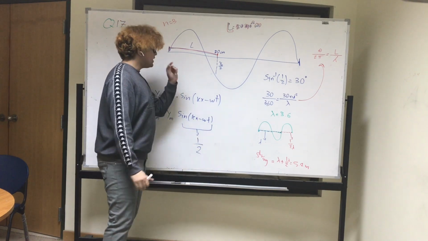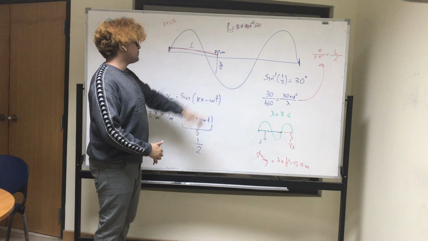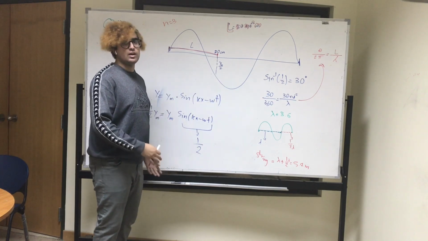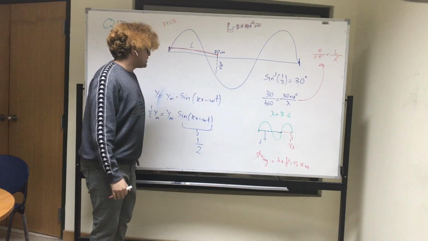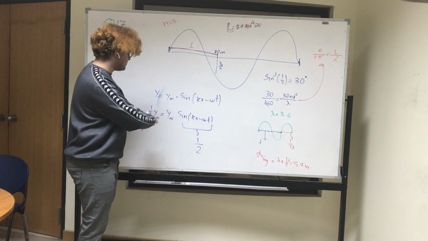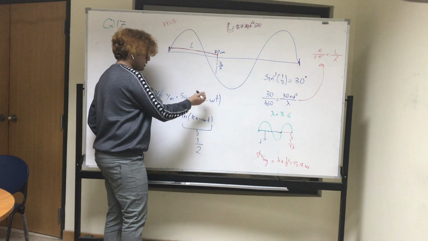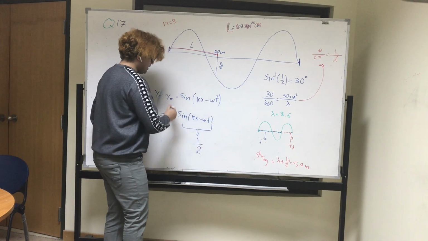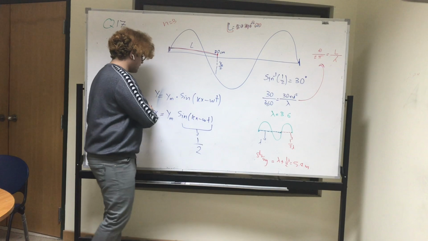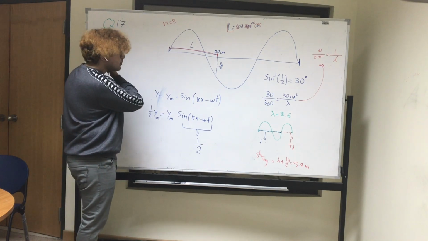Okay guys, so the only way that I could solve this question is by thinking of this wave as a regular transverse wave. So I used the transverse wave equation, and I said that the value of sine must be equal to 1/2 in order to have a displacement of 1/2 the maximum amplitude.